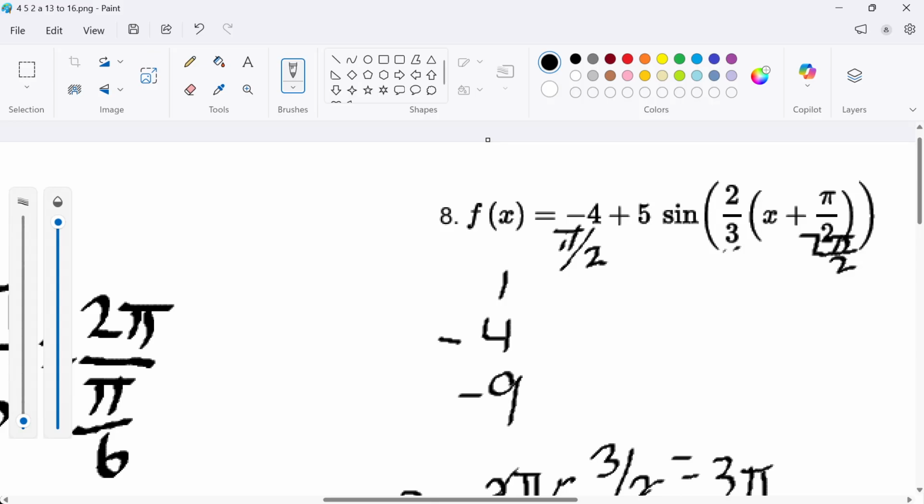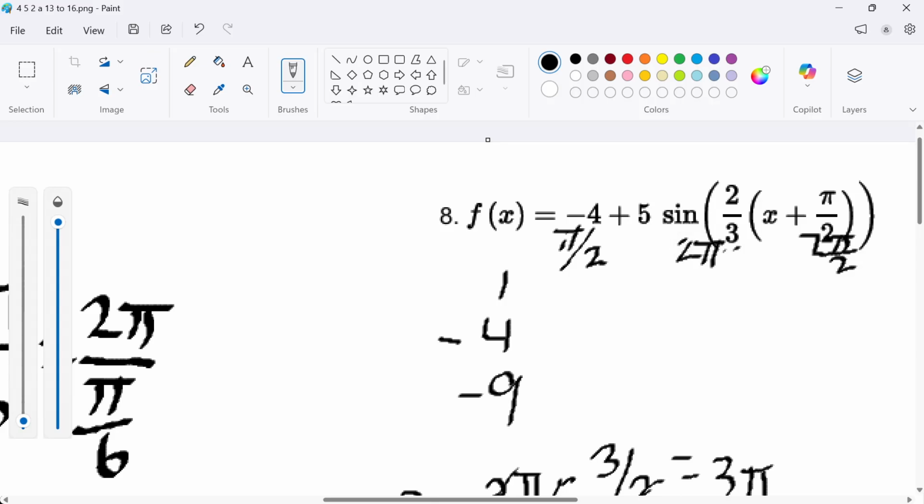Let me double check. 8 pi over 4 is 2 pi. Yeah, 2 pi is the midline.